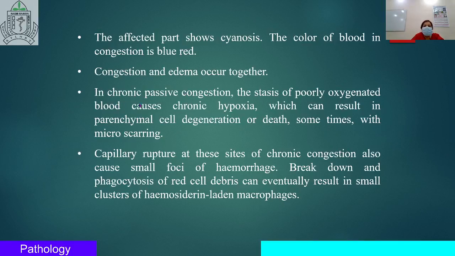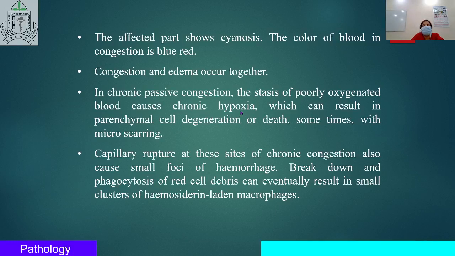Now, in chronic passive congestion, chronic means, as you already know, long duration, and congestion is a passive process. In chronic passive congestion, there is stasis of poorly oxygenated blood. As a result, there is chronic hypoxia.